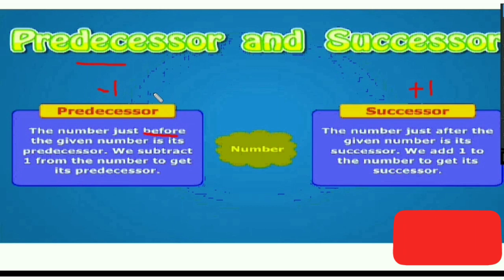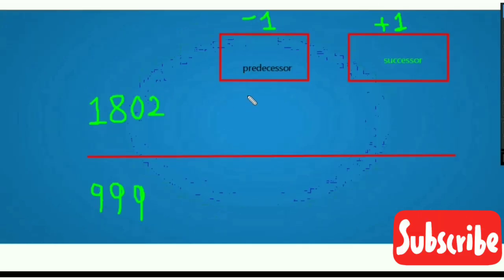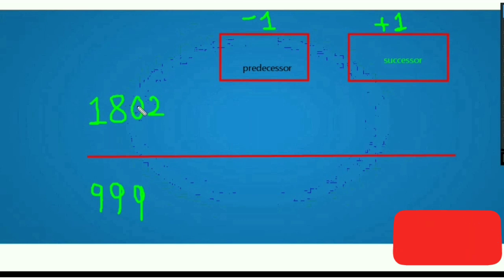Now let's see some examples. Now see this example. Okay, we need to find the predecessor of 1802. How are we going to find its predecessor? We simply need to subtract 1. Okay, pre means पहले वाला. So predecessor find करने के लिए हमें 1 सब्ट्रैक्ट करना पड़ेगा. ओके, सो 1802 minus 1 equal to what? 2 minus 1, 1.